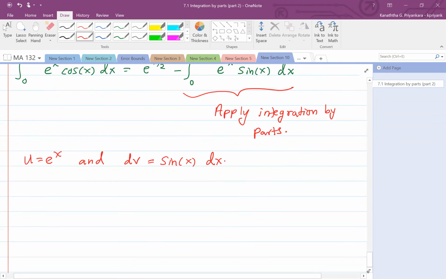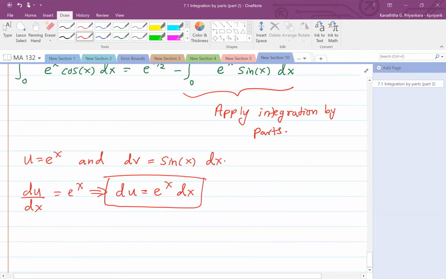Now let's compute du. So du over dx is the derivative of e to the power x, which is the same. Then we get du is e to the power x dx. And then we can integrate dv to compute v, the integral of sine x dx.